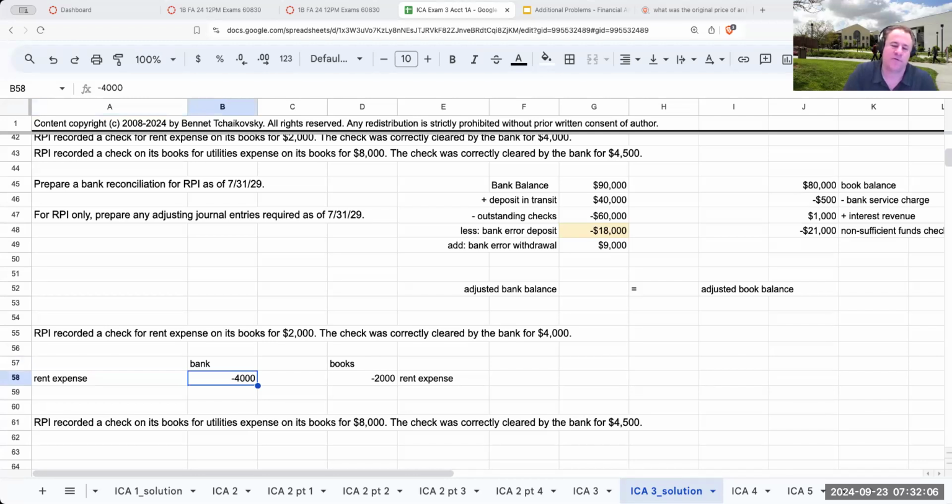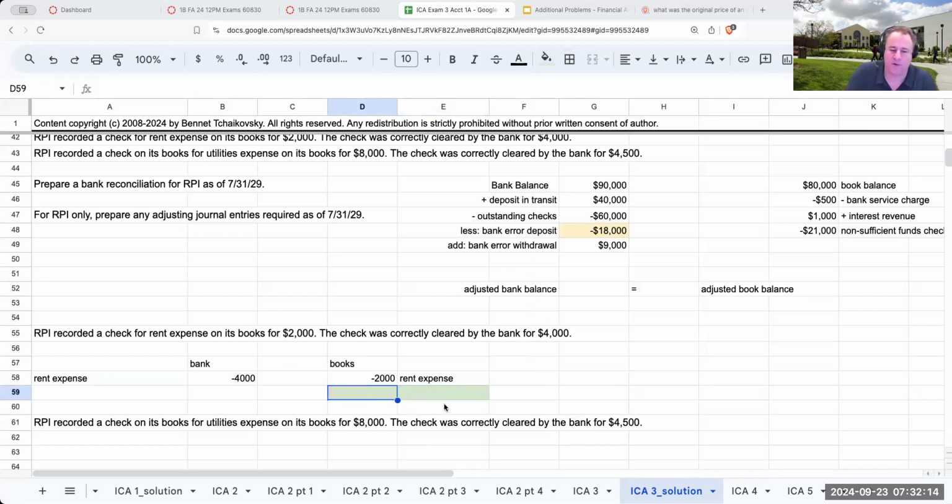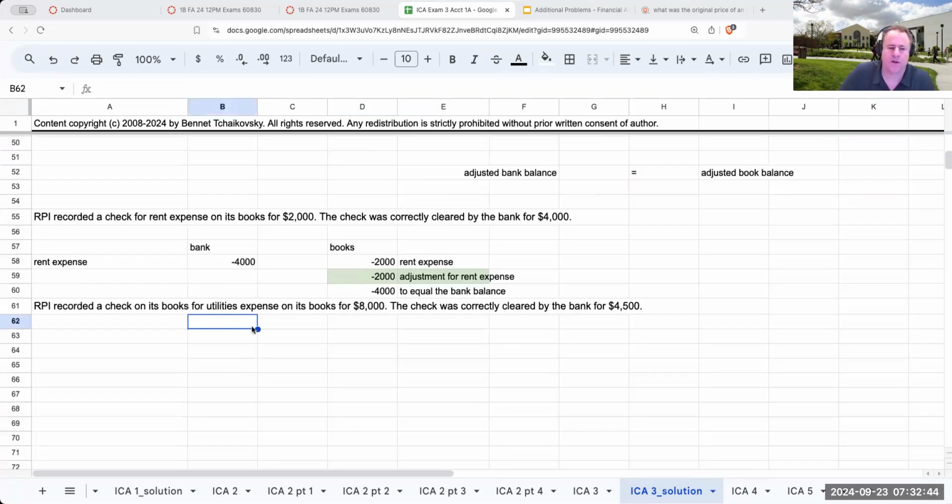Since the 4,000 is the correct amount, in order for me to get to the proper amount, I'm going to need an additional $2,000 adjustment for rent expense, so my total here equals the bank balance, which is correct. So over here, I'm going to make an adjustment for rent expense.